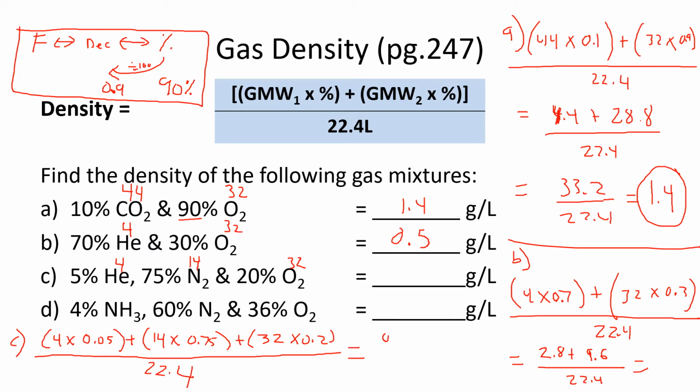I got 0.2 plus 10.5, I think, plus 6.4 over 22.4.